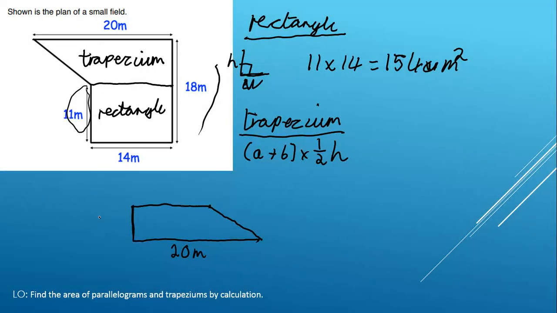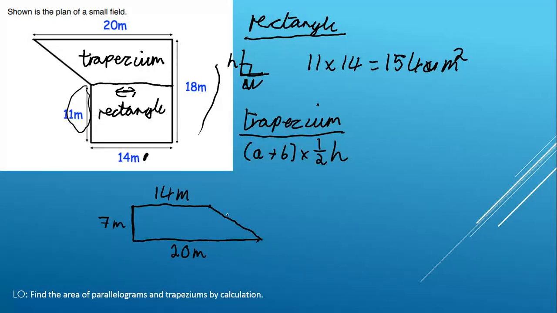So this length here must be 7 meters. The next part we can figure out is this imaginary line, because this width must be the same as this width here, mustn't it? Because these sides only go as far out as the same bit here. So we can label this 14 meters.